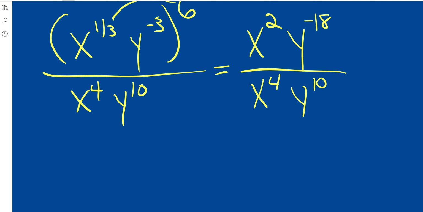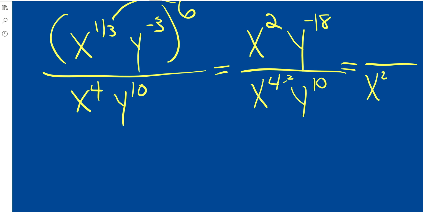What we have here is the idea that I got to simplify this. And what is it? Always subtract the smaller exponent from the larger one. So in this case, x squared divided by x to the fourth, well, that's 4 minus 2, and I'm doing that in the denominator.